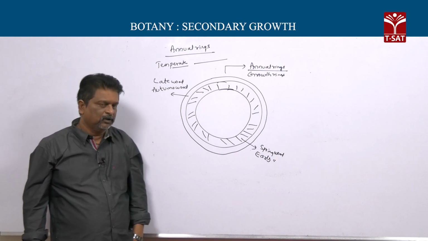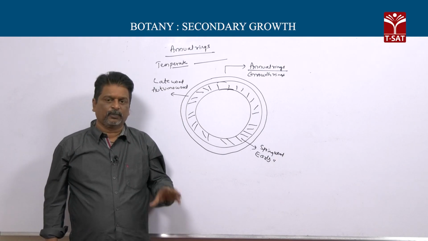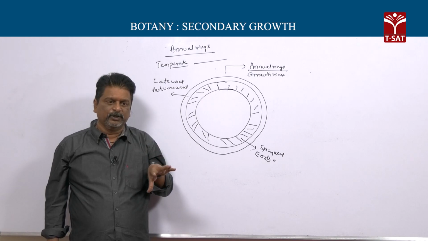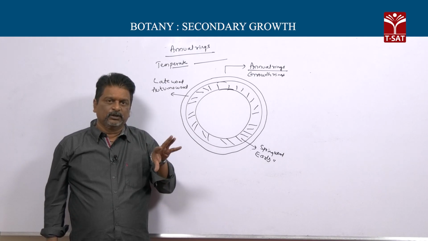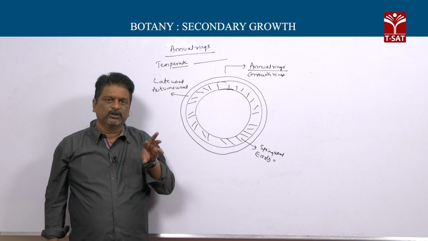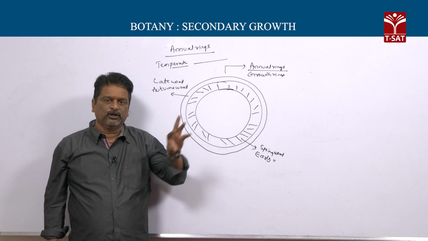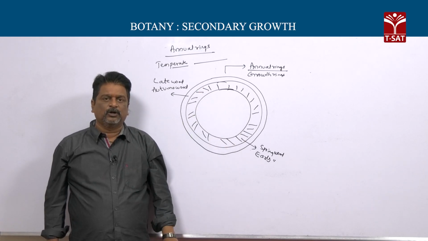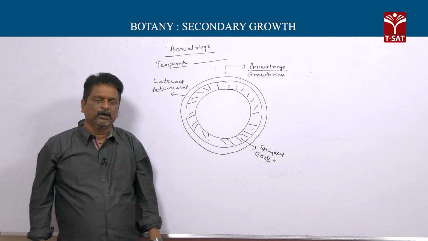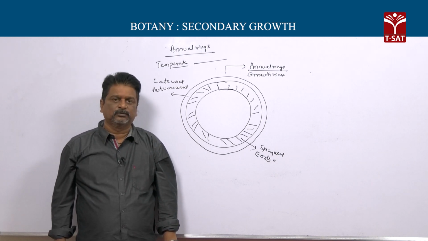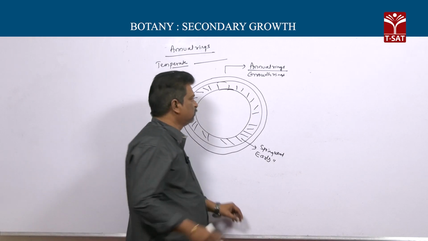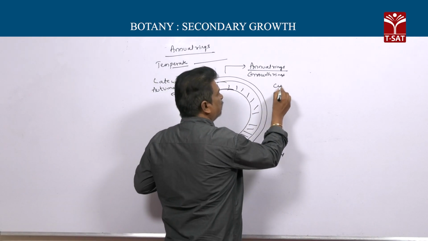What is the use of these annual rings? They help in estimating the age of a tree. Such a science is called dendrochronology. Generally, annual rings help in dendrochronology, but there is one exception, the palm plant.